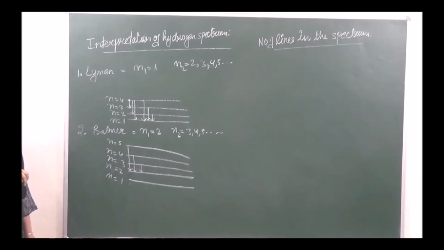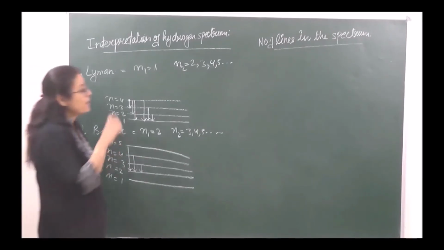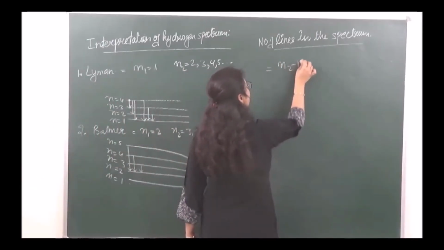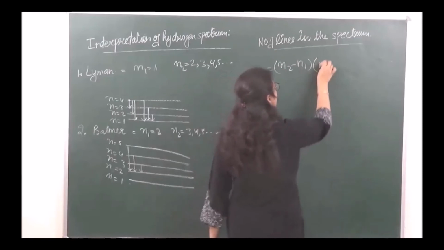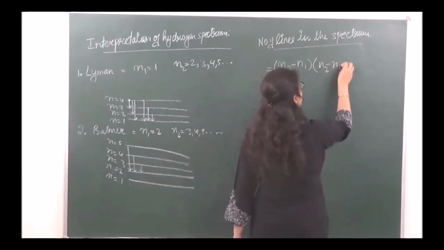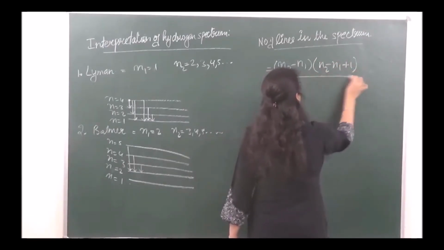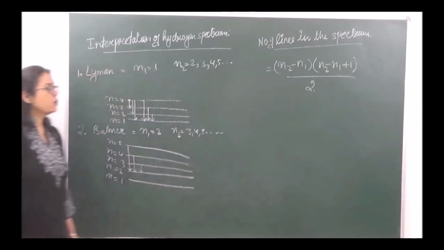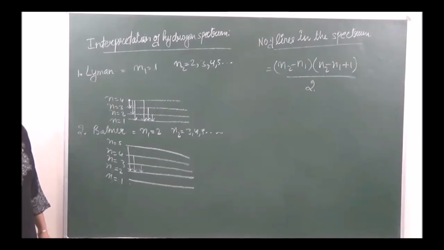When we are talking of the number of lines, the number of lines is given by (N2 minus N1) into (N2 minus N1 plus 1), divided by 2. This is how you will calculate the number of lines.